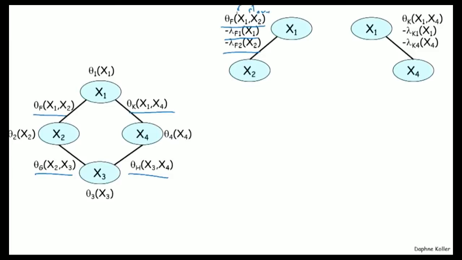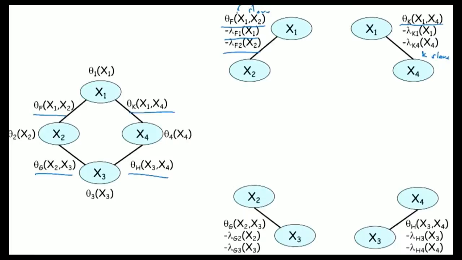This is the k slave, and it's going to have its own potential, theta k, and two penalty terms that are going to try to make it agree with the one slave on x1 and with the four slave on x4. And we similarly have exactly the same form for the other two slaves, the g slave and the h slave. In addition, we have slaves for the individual variables, the 1, 2, 3, 4 slaves.